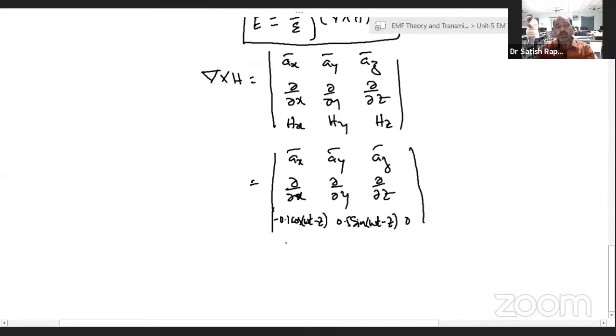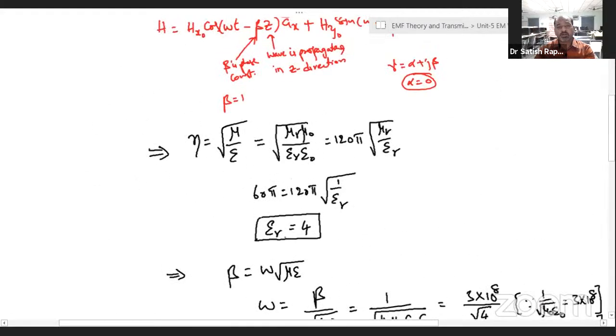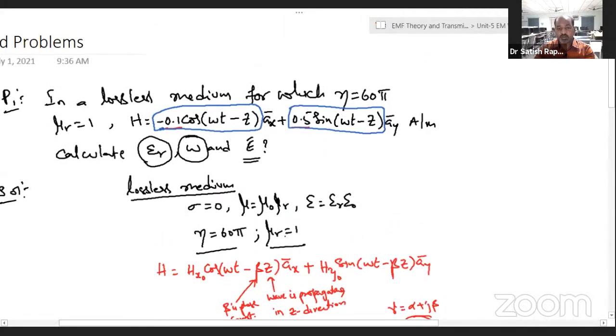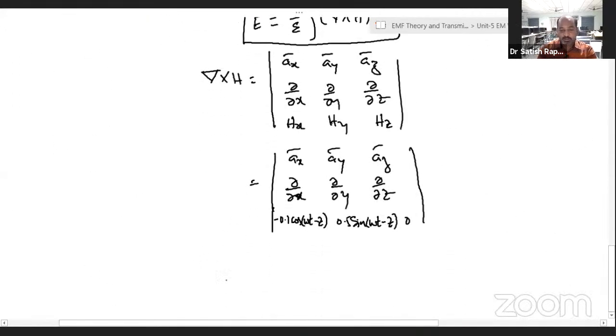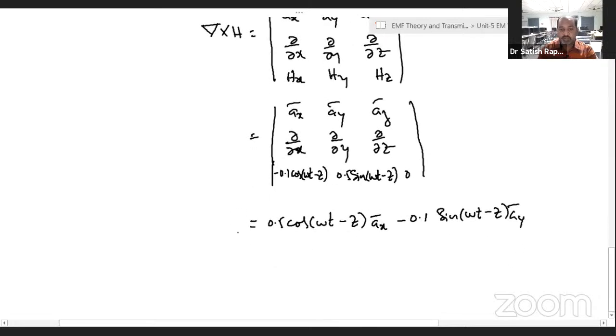We know how to find the determinant. If you calculate this, you will get 0.5 cos omega t minus z ax bar minus 0.1 sine omega t minus z ay bar.